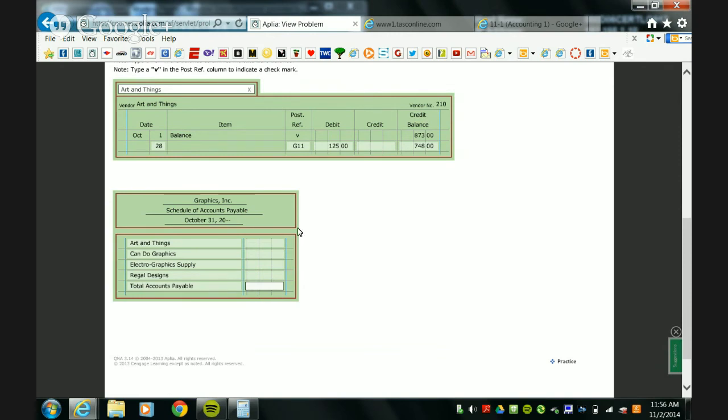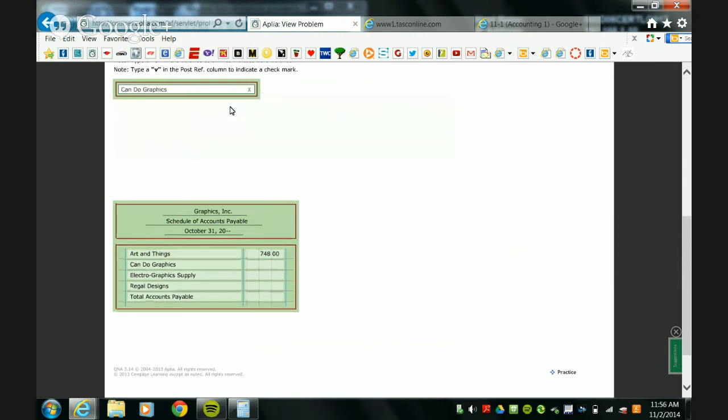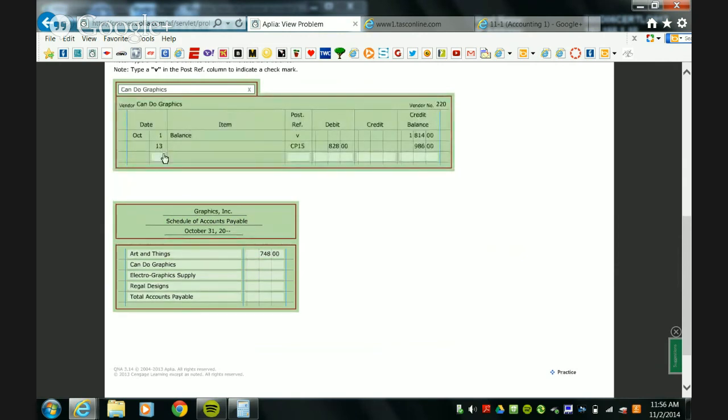Okay. So now we just put in our remaining balances. So Art and Things, $748. Can Do Graphics, which we didn't mess with, $986. Electro Supplies, $25.44.